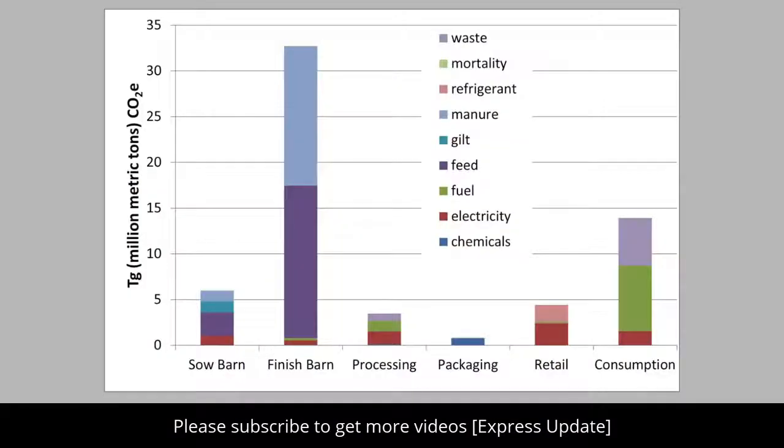Thoma applied the same system to an analysis of greenhouse gas emissions from pork production. This study took into account all of the activities in the pork supply chain that contribute to emissions, from electricity and fuel to manure and waste, across all stages of production, from the sow barn to the consumption of the pork products produced.